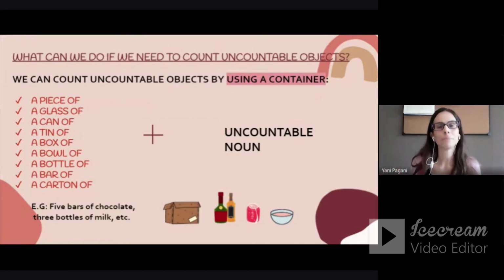In that form, we can count the uncountable nouns. So we can say, for example, 5 bars of chocolate. Chocolate alone is uncountable, but if I say bars of chocolate, the bars I can count. The same happens with milk. Milk is uncountable, but if I say bottles of milk, that I can count. So I can say 2 or 3 bottles of milk, for example. Good?